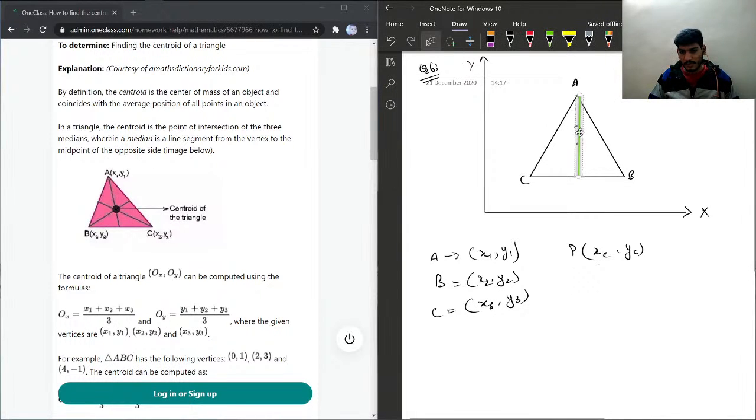I have to move this a little bit. Yes, redraw it.